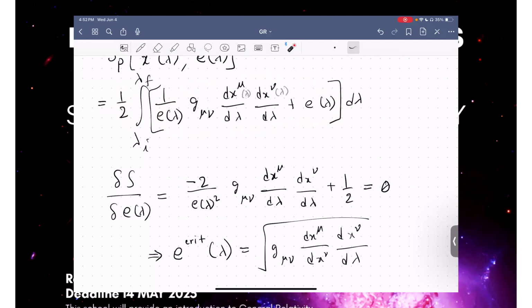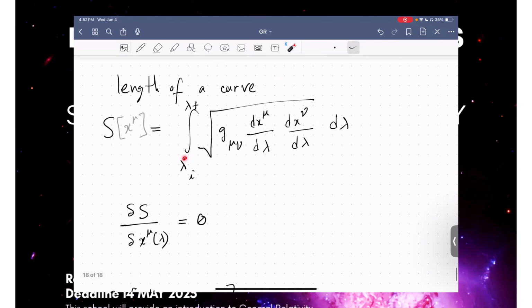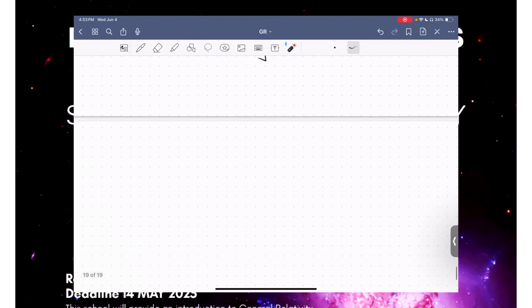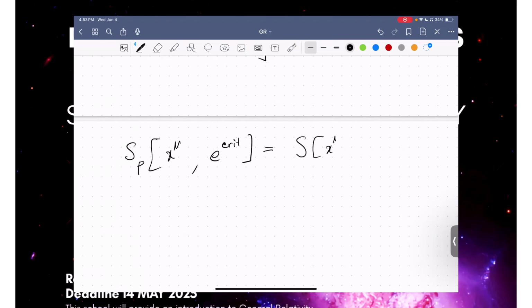So you will end up with one copy of this g and then this thing, right? Which is exactly the same as this expression. So the point is, the new function that I defined has this nice property, SP of x mu and e critical is the same as the original S, which only depends on mu. So now if I extremize this with respect to x, it's the same as extremizing this with respect to x, right?